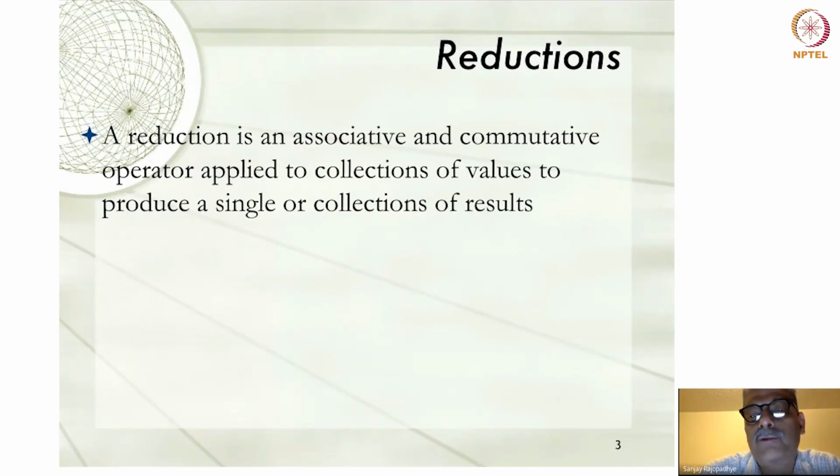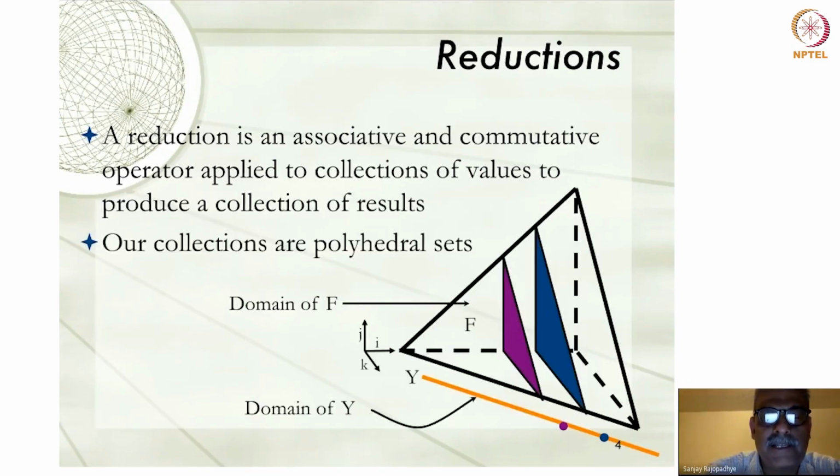It is applied to collections of values to produce a single result or collections of results, exactly like in the equations I sent you. Here is an example. Our collections are all polyhedral sets. So here is some variable f that is defined over this pyramid. It's a tetrahedron. And there is an answer y that is produced, and it happens to be one-dimensional.